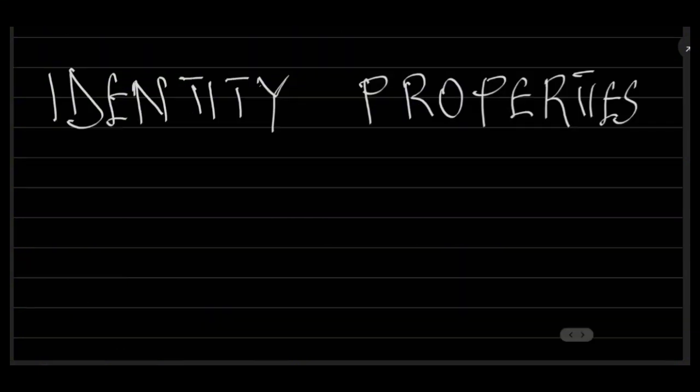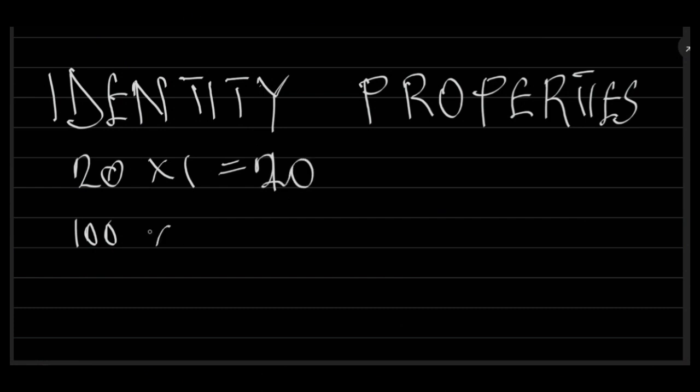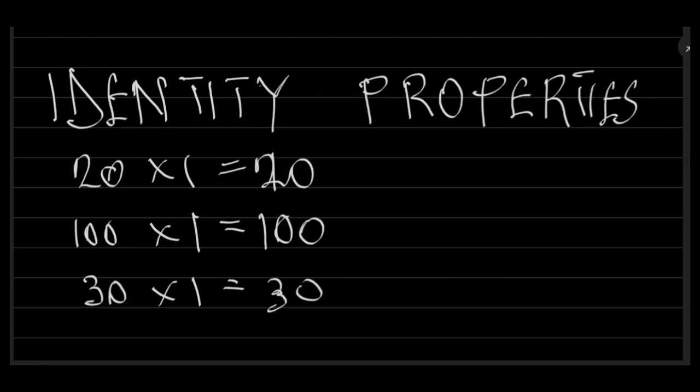Now let's look at identity property. When you say identity property, we are referring to the numbers that do not change the number being operated on. Let me explain. If I have 20 times 1, my answer will still be 20. 100 times 1 will still give us 100. 30 times 1 will still give us 30.